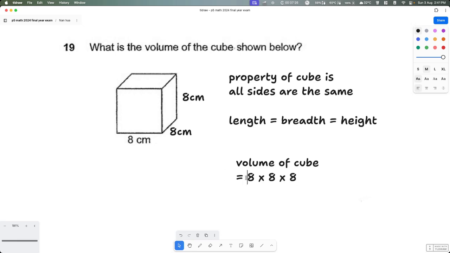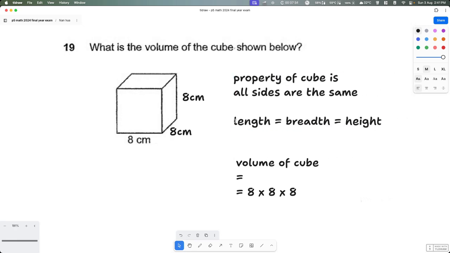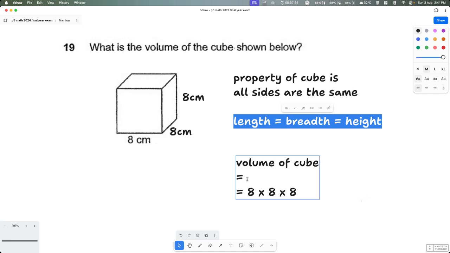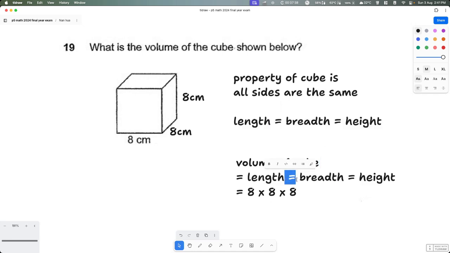Usually I just like to do this. Volume of a cube or volume of anything is basically length times breadth times height. So you multiply this by this, multiply this by this. So 8 times 8 is equal to 64, times 8. We can do the workings: 64 and then multiply by 8.